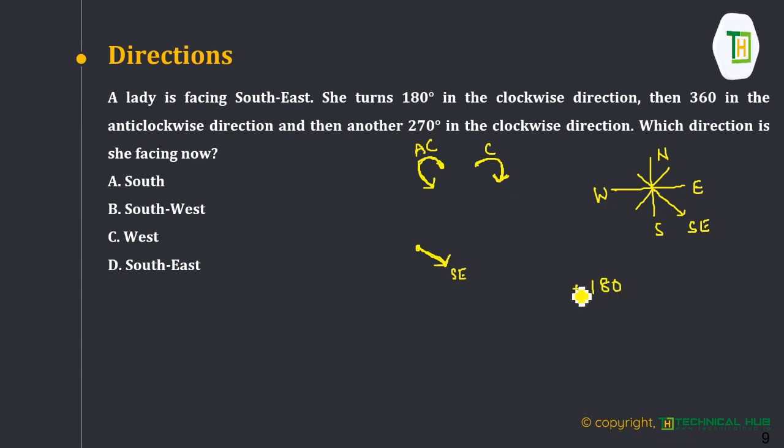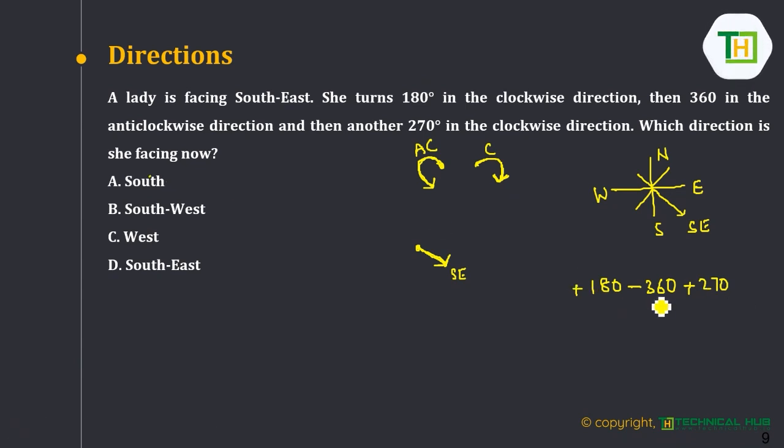That is, I'll take plus, and 360 degrees in the anti-clockwise. That is in the opposite direction. So I'll take it as minus 360 and then another 270 degrees in the clockwise. That means plus 270. So this is the total rotation of the person. Okay. So what will be the resultant value?